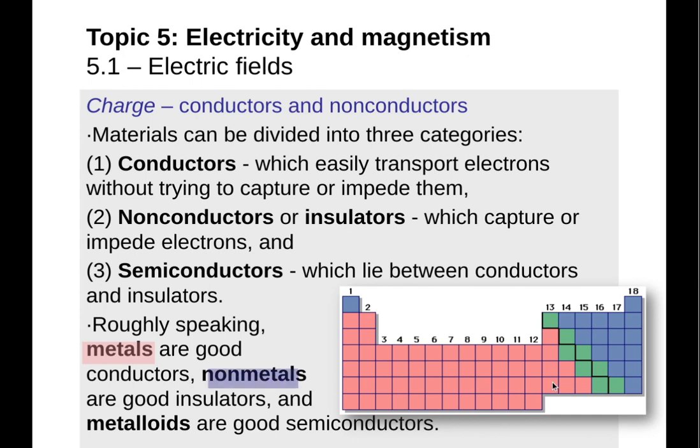Then the non-metals color is for insulators. And then metalloids are the semiconductors. The green color here is metalloid or semiconductor. Clear? Yeah, clear. So if you have a periodic table, from the colors you can tell whether an element is metal or non-metal. Okay.